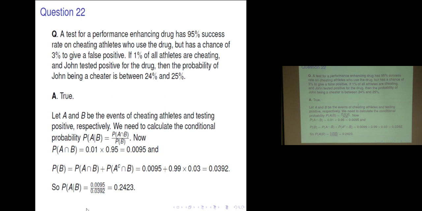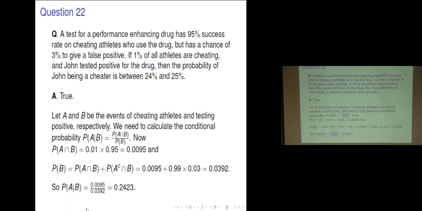Suppose the test is positive, what is the chance that the person, Mr. Zhang, is a cheater, right? So we want to calculate this conditional probability. This is the real target. Let me remind you, this is the definition of conditional probability.